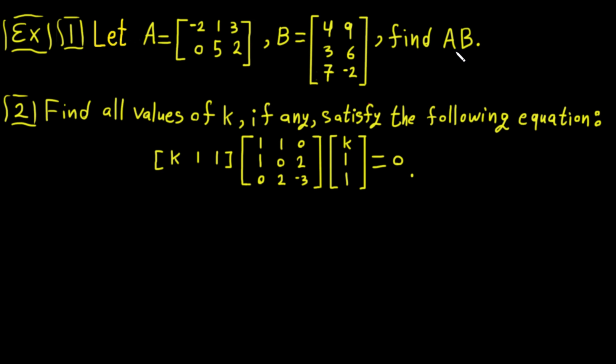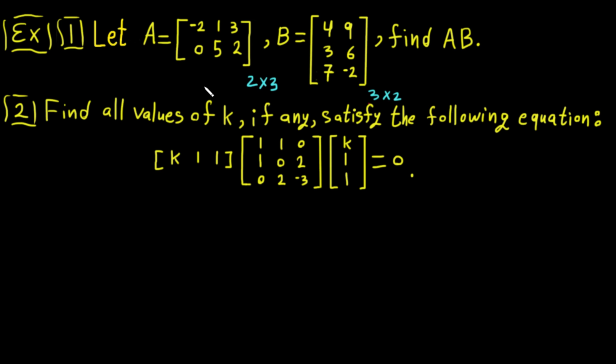Here, find AB. This is the A matrix and this is the B matrix. To multiply two matrices, we have to know the condition for multiplying matrices. Here, this matrix is 2 by 3, 2 rows and 3 columns. But this one has 3 rows and 2 columns.